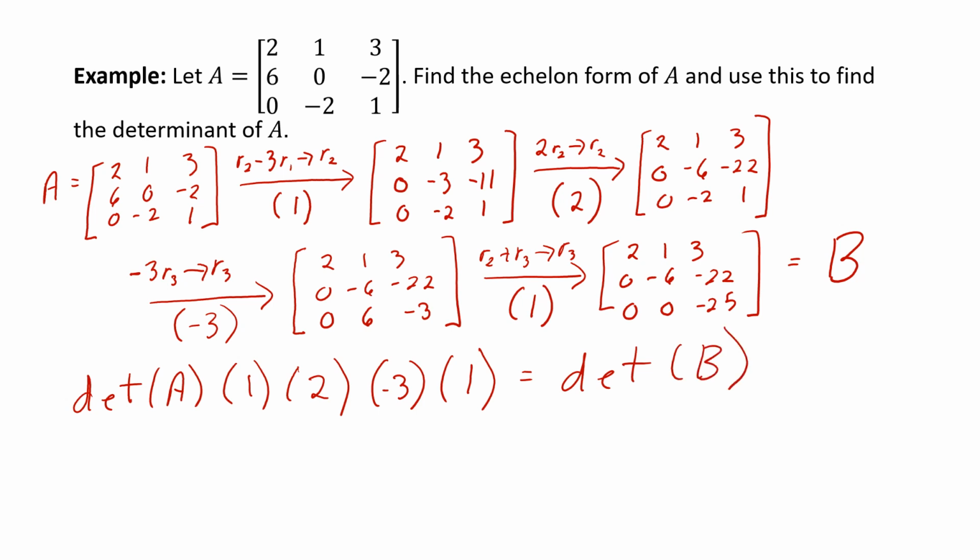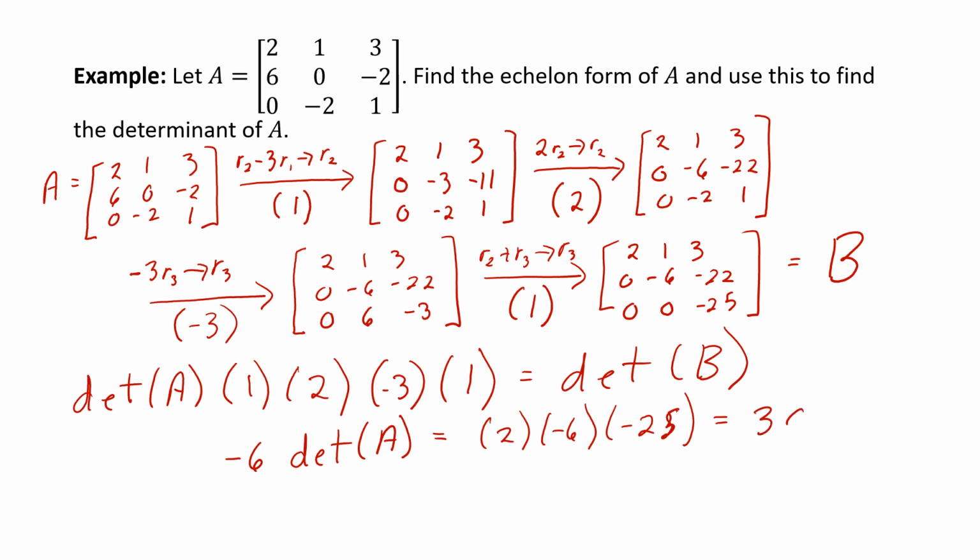So now let's simplify this. 1 times 2 times -3 times 1 is -6, times my determinant of my original matrix is equal to, well, the determinant of my right-hand side matrix is now easy to calculate. 2 times -6 times -25. So that is equal to 300.